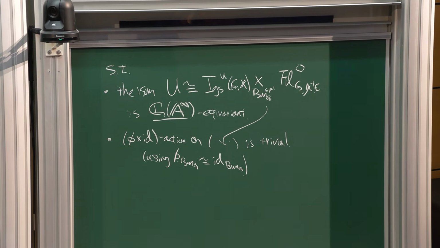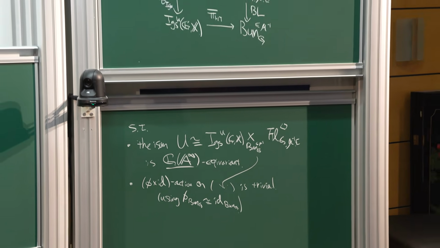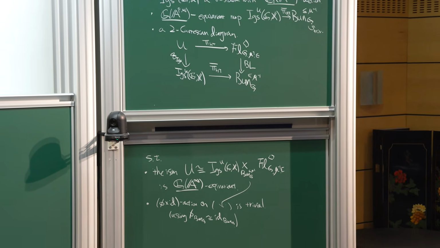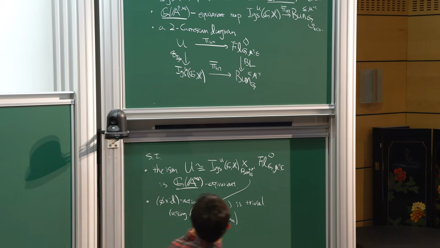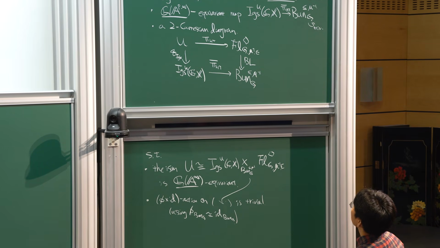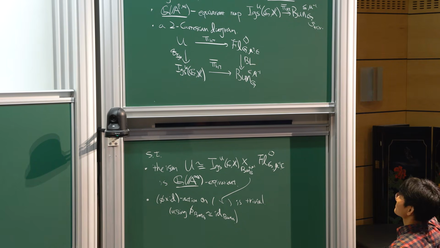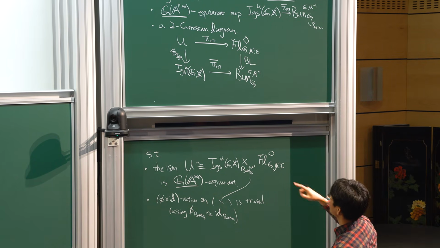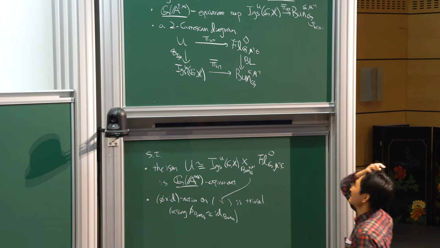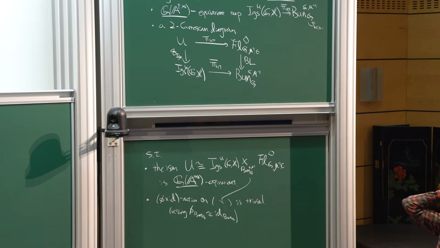Is Hecke covariance the same as saying that Q is Hecke covariant and then pi is Hecke covariant? Sorry. Q is Hecke covariant, and then this is Hecke covariant. I think one needs to be a little bit careful because that's a stack, and I think there are some stackiness issues that come into play. So being equivariant is a datum because of the stack.